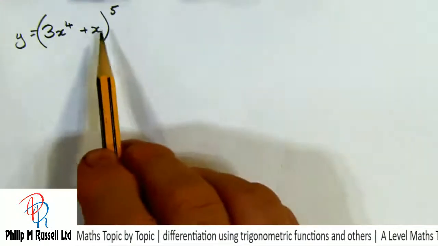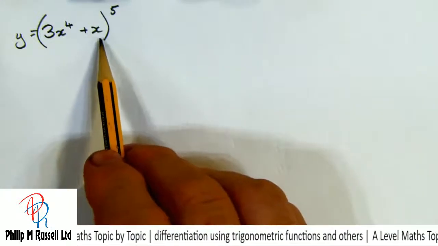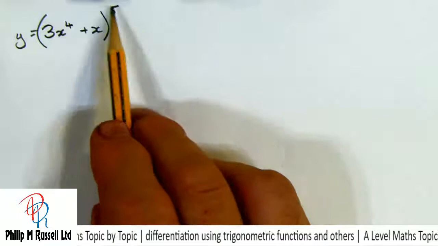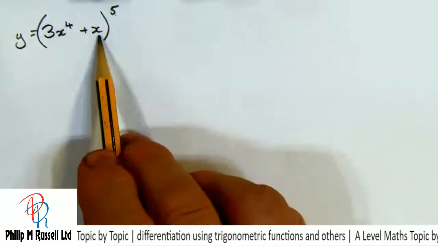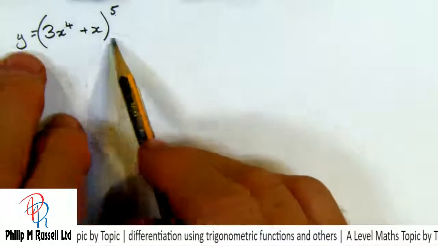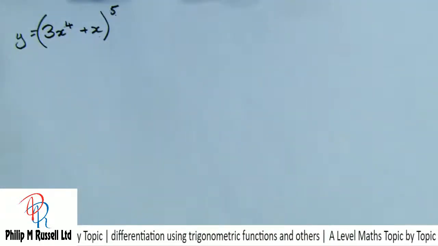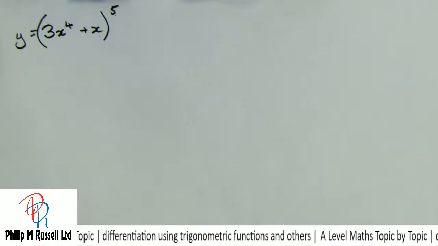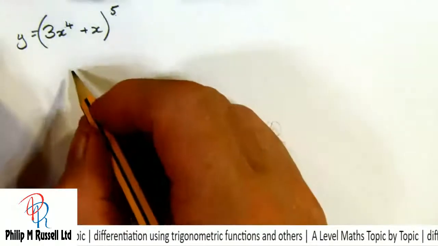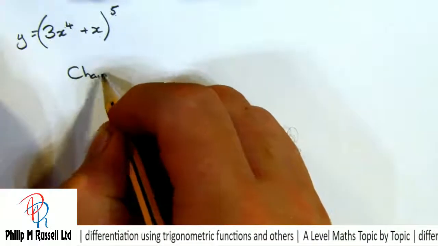So our ways of trying to differentiate this could be to actually multiply that out, and then once we've multiplied that out, to differentiate it. But there's an easier way, and that is using something called the chain rule.